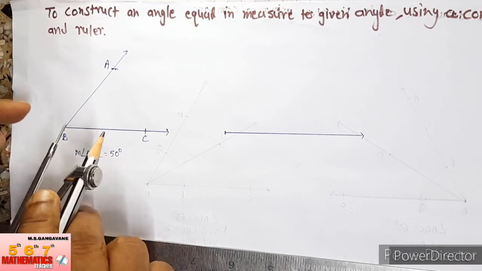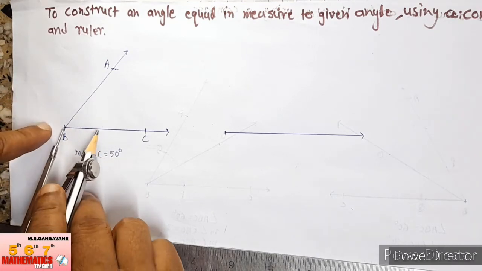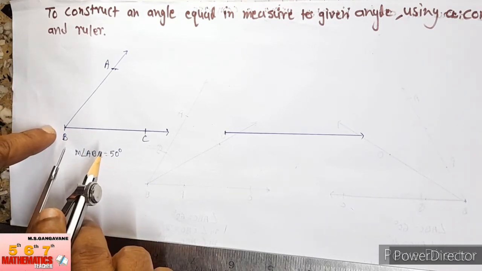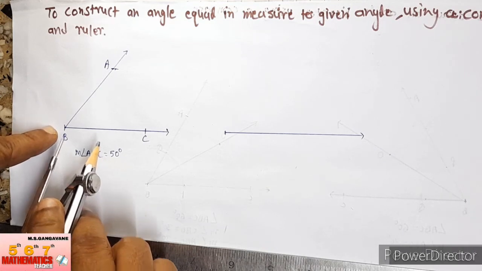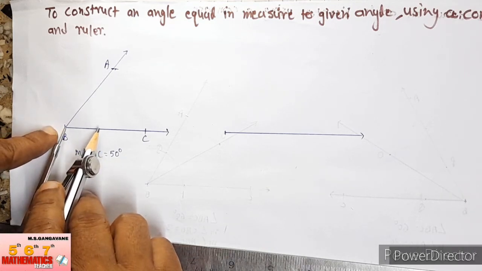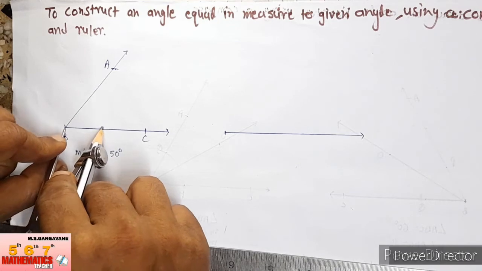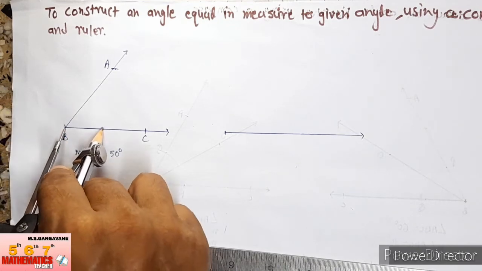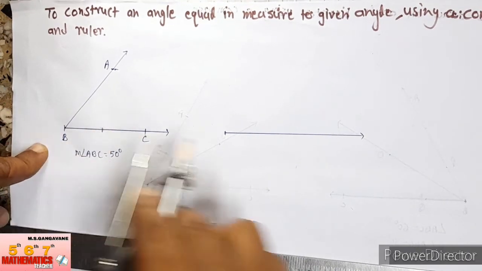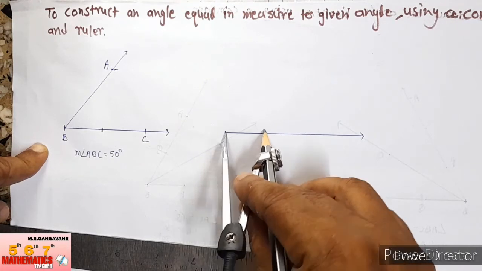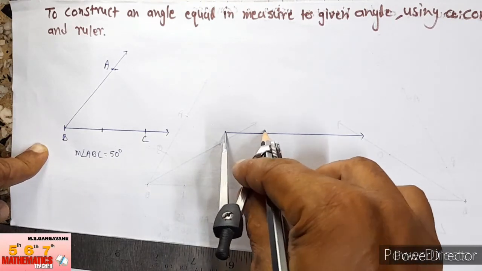Okay, the metal point on the given figure, the vertex of given figure, means B. Now make an arc, same, pick up and stay here, make an arc.